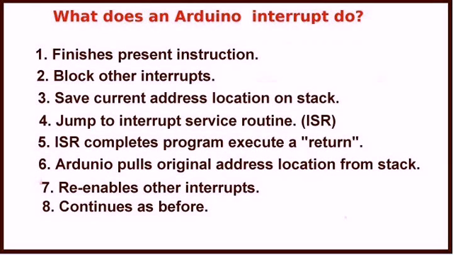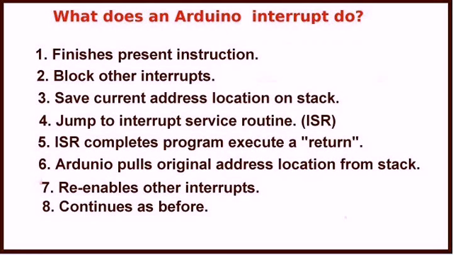The ISR completes a program and then it executes a return. A return tells the microcontroller, yes, I'm finished with this program. Let's go back and undo what I did to get here. First, the Arduino pulls the original address location from the stack.